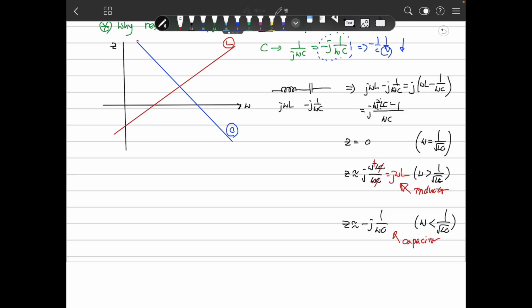In high frequency, this is an inductor, and in low frequency, this is a capacitor. Then the center point of that is the resonance.